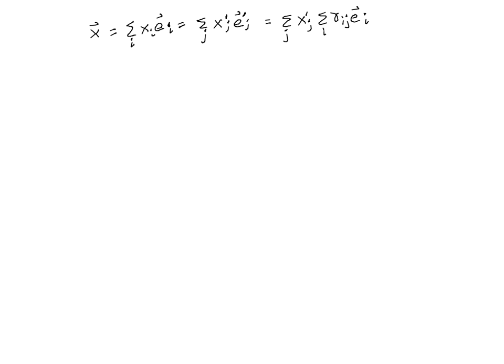And so I can simply get rid of those terms, and I can say that x sub i must be equal to the sum over j of gamma ij x prime j. So in other words, I can transform the components just like I could transform the basis however I want to do it.